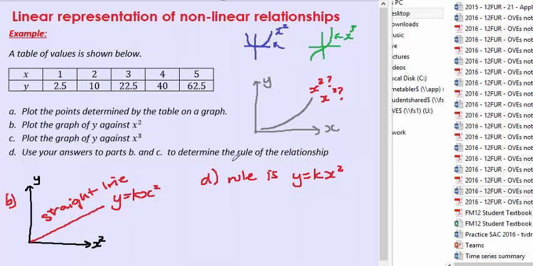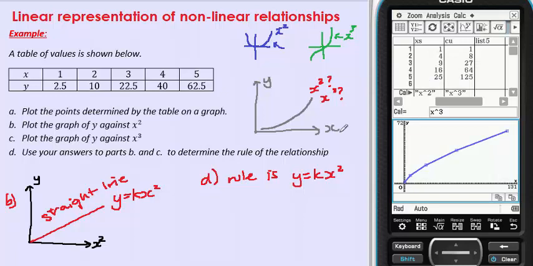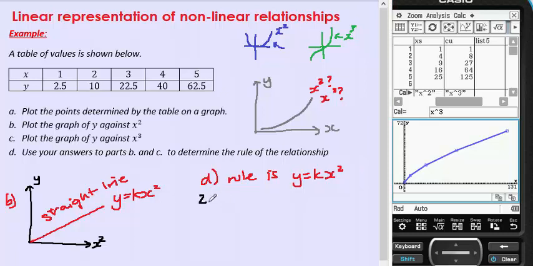So when I'm looking at my point, let's imagine 2, 10. Then I know when x equals 2, y equals 10.